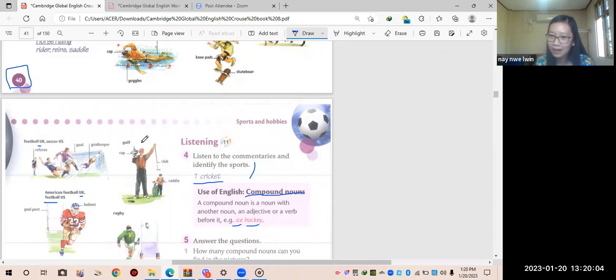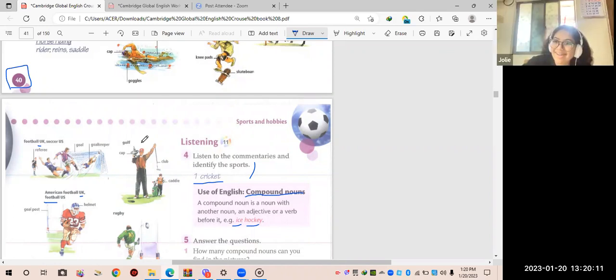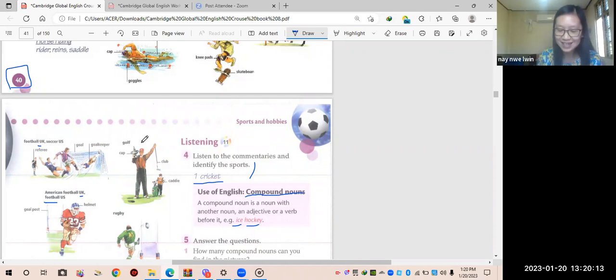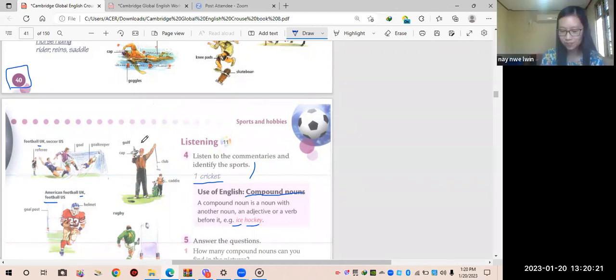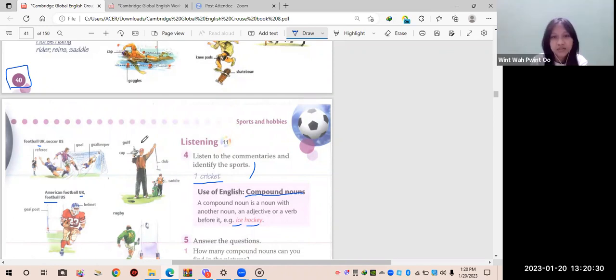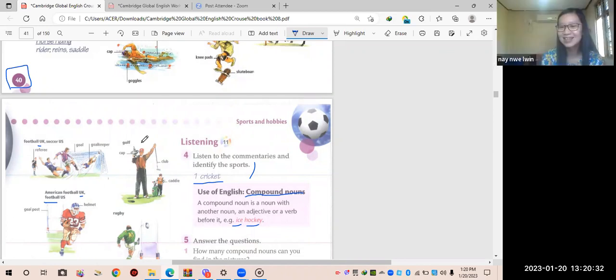And is there any more compound nouns? Seashore. Yes, correct. And is there any more? Airline, yes. Is there any more? Passport, correct.